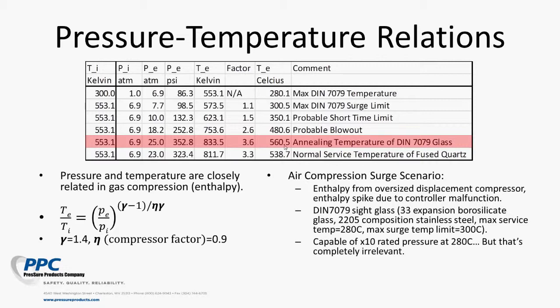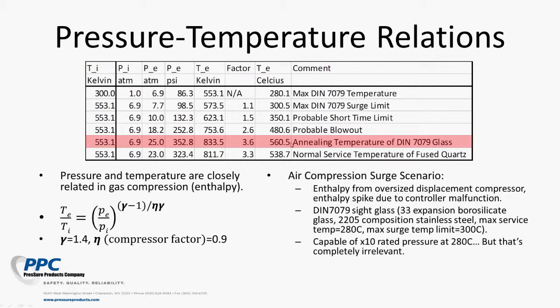Obviously, that's a catastrophic failure waiting to happen, and pretty quickly. And that's the point. The pressure rises you see are relatively modest and well within specifications of just about any site glass that's available, but that pressure rise is always accompanied by a much more destructive temperature rise.